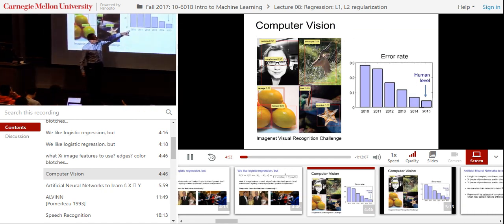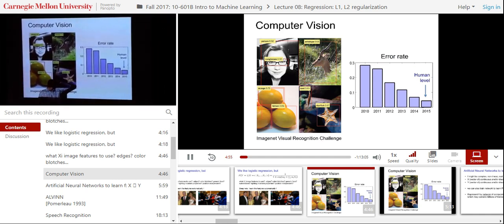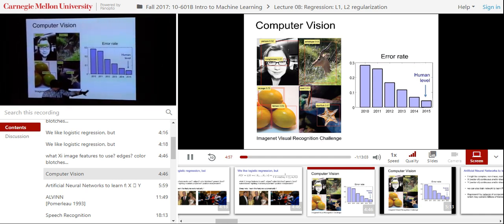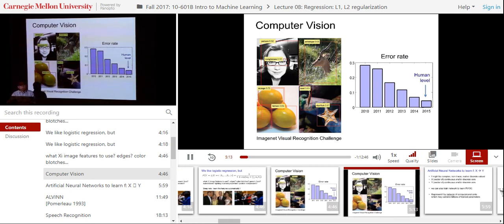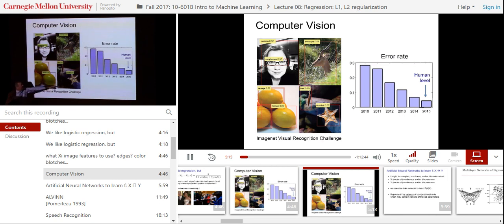On the standard set of computer vision test data, which is called ImageNet, in 2010, the best computer program had about a 30% error rate, and today it's down below 5%, which turns out to be about the human error rate at recognizing objects in this particular set of data.